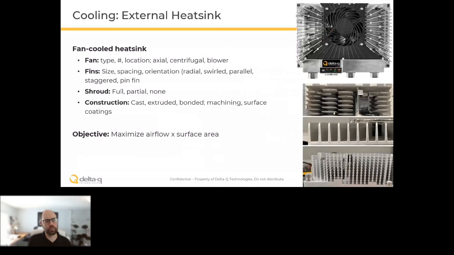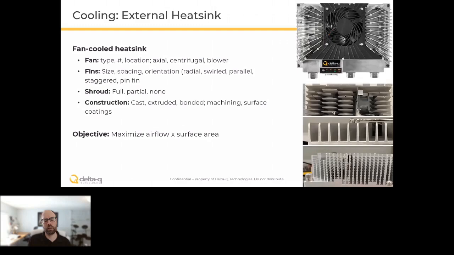You can have staggered fins, which is what you're seeing there in the middle, where there are some short teardrop-shaped fins that are broken and then staggered to try to promote more heat exchange on the leading edges. Pin fin, which I'm not showing, typically is going to be lower surface area.